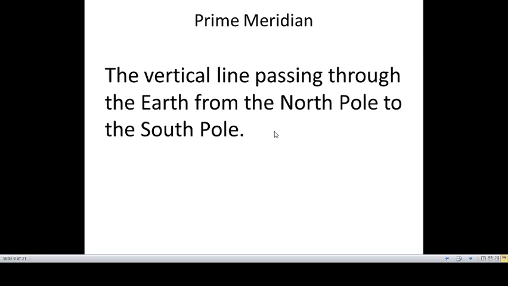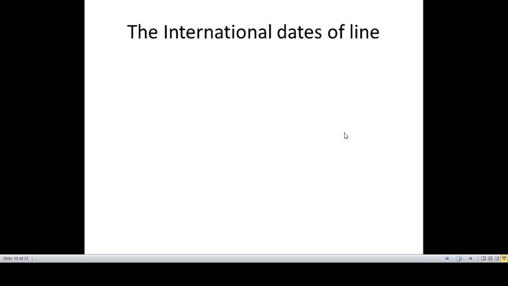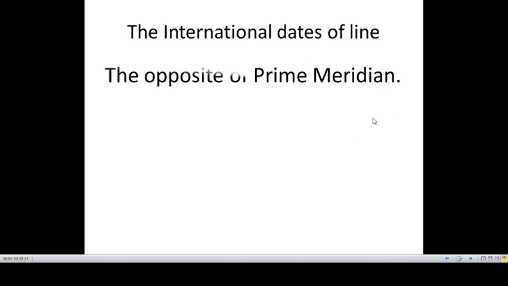The prime meridian is also measured at 0 degrees, while the International Date Line is the opposite of the prime meridian.